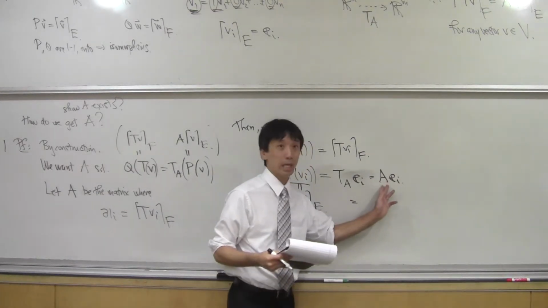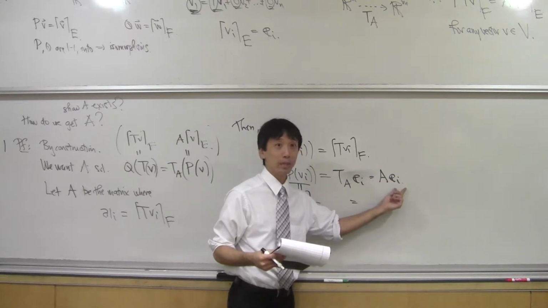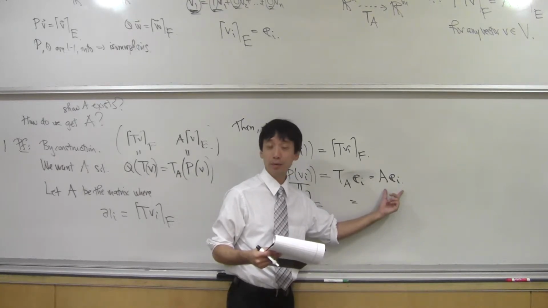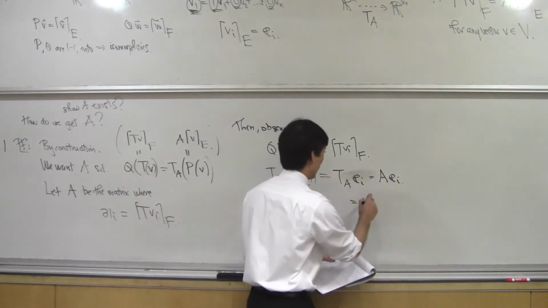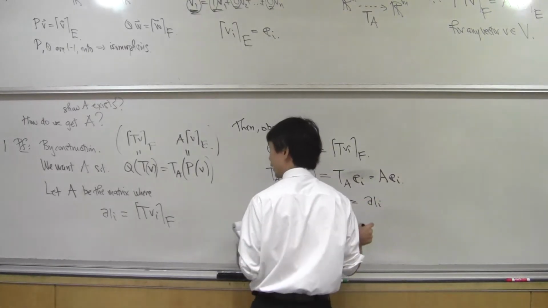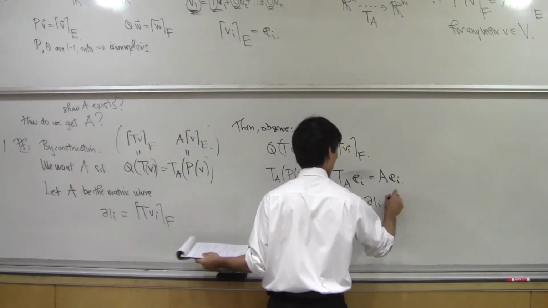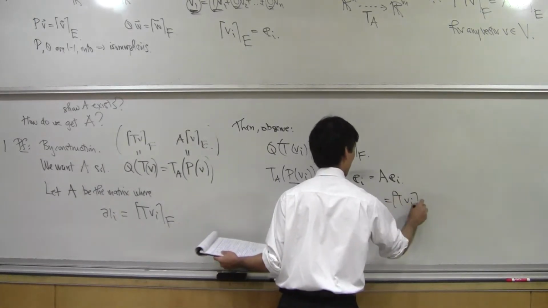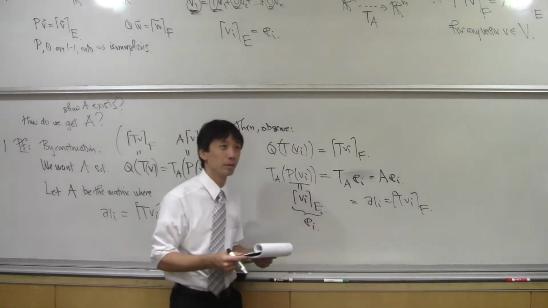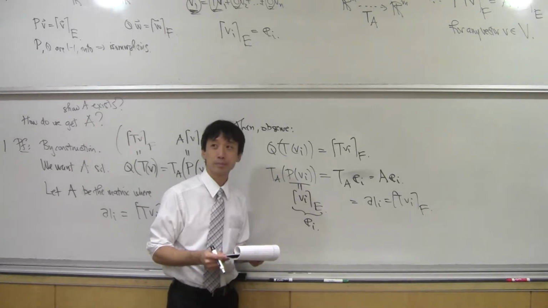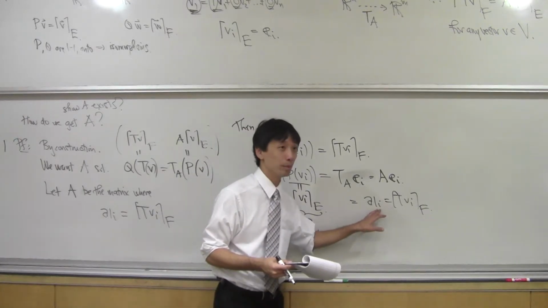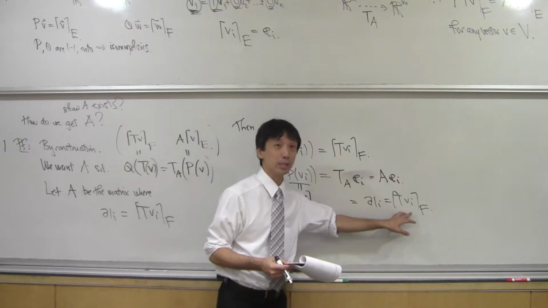When you multiply A by the standard basis element E sub I, what do you get? You get AI, right? What is AI? AI is T of VI with respect to F. We defined AI to be T of VI with respect to F.